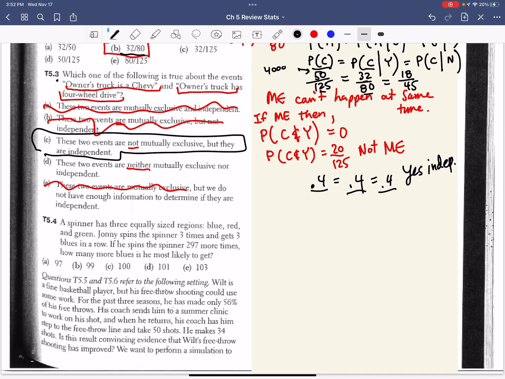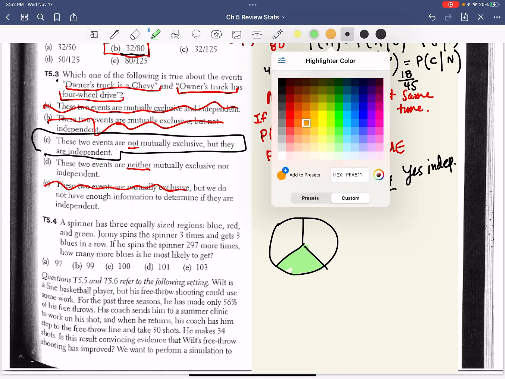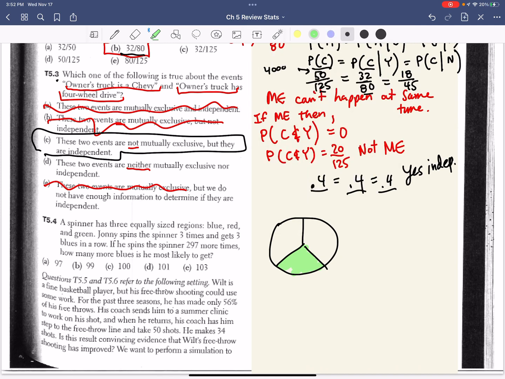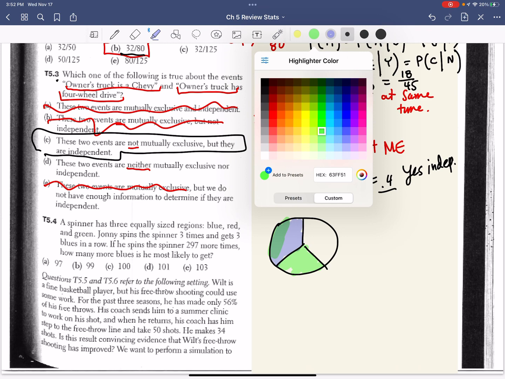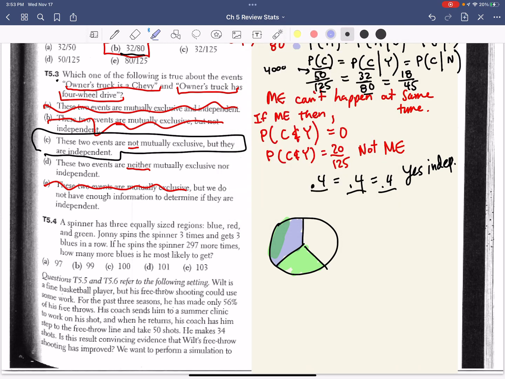A spinner has 3 equally sized regions, blue, green, and red.